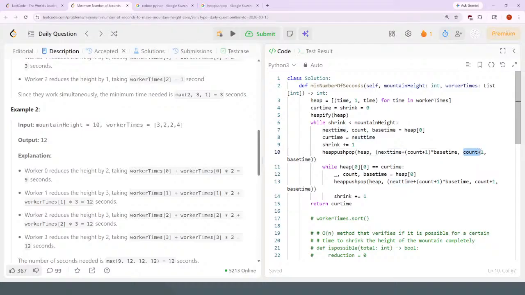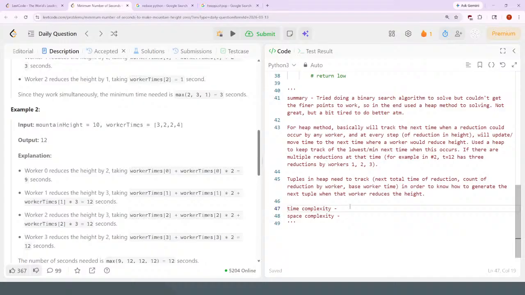Their number of reductions is now going to be 2. Count plus 1 is 2. Base time still base time, so yeah. And then everything else on the heap that has that same reduction should try to reduce. Updating.